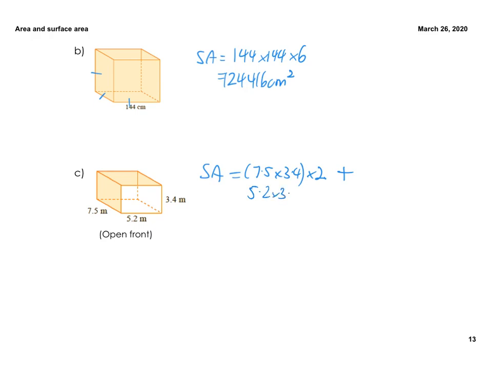Then plus, the next bit, we have the front. 5.2 times 3.4. Normally we would times by 2, but there's only 1 of them, so we can leave it as is. And then we also have top and bottom. So 5.2 times 7.5.